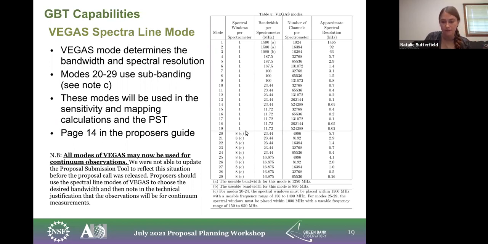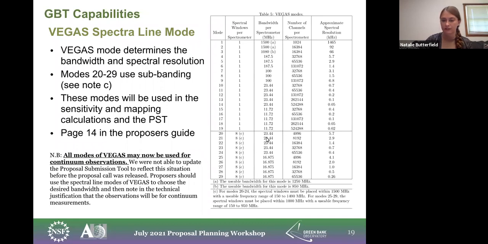With these subbanding modes, you are limited on where you can place the different spectral windows. So they have a note on that, note C, where they mention you have to have this within a certain frequency range in order for it to satisfy these. These ones also tend to have much narrower bandwidths as well.